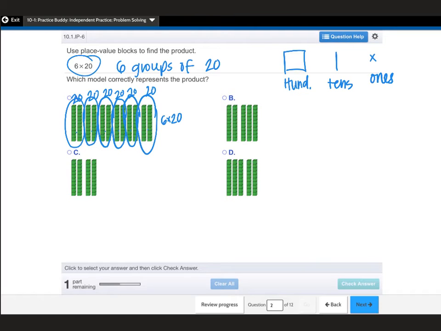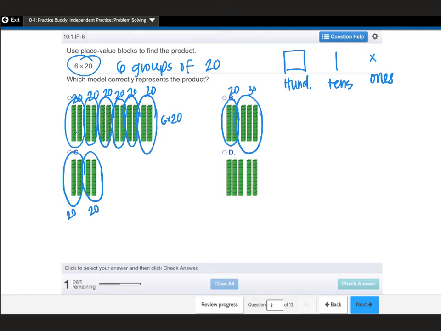Now remember, what is my expression? 6 groups of 20. So let's take a look at B. I have 20 right here, but I have 30 right here: 10, 20, 30. Is that the same thing as 6 groups of 20? No. And let's look at C. I have a group of 20 right here, and I have another group of 20 right here.